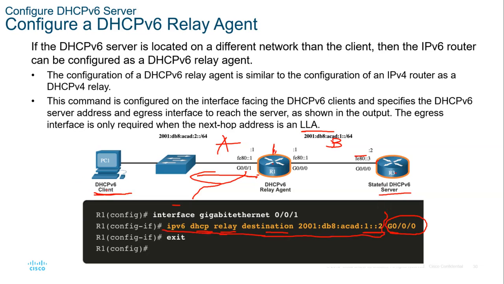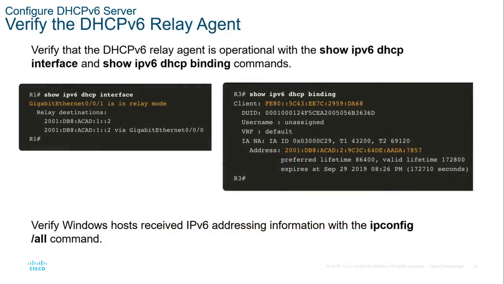So that in case this PC needs an IPv6 address, it sends the router solicitation through router 1 to router 3. Then after that, you verify that the DHCP relay agent is operational with show ipv6 dhcp interface and show ipv6 dhcp binding.